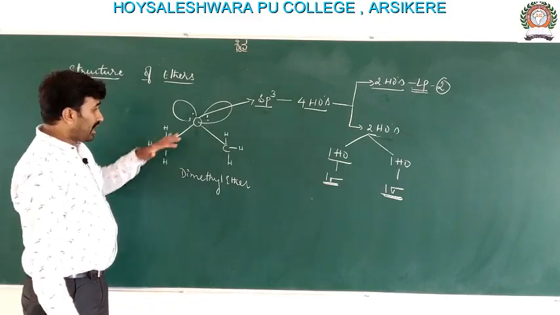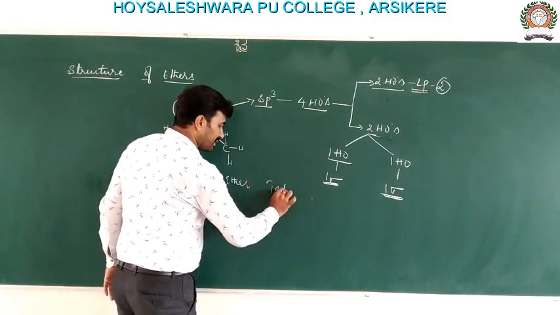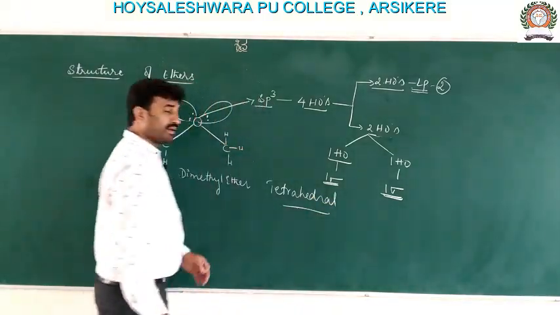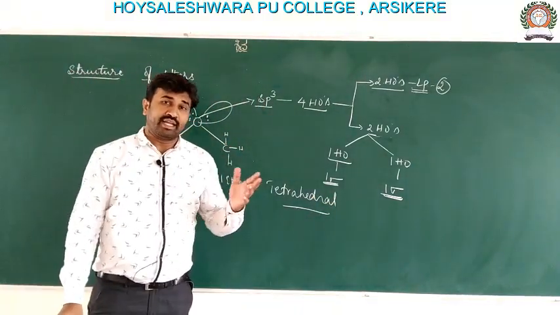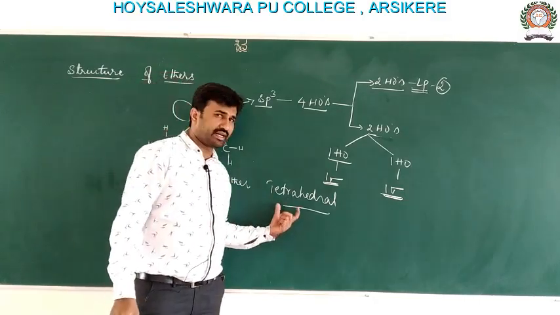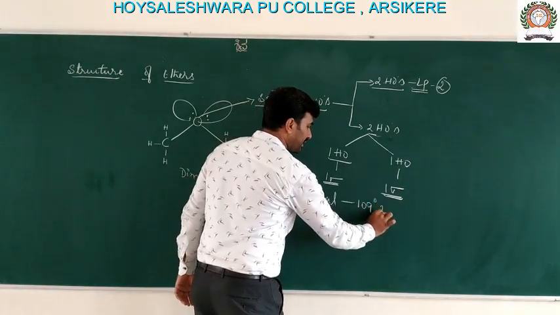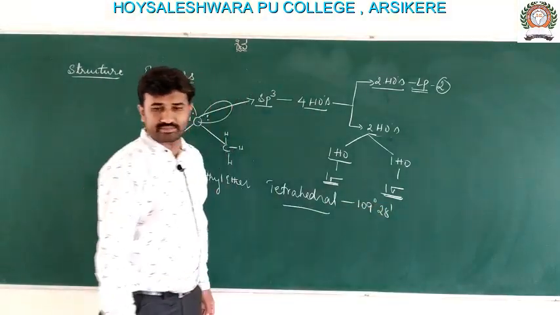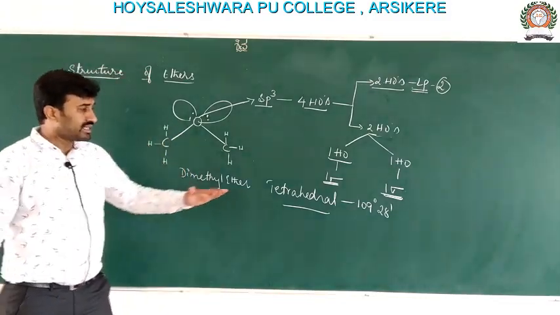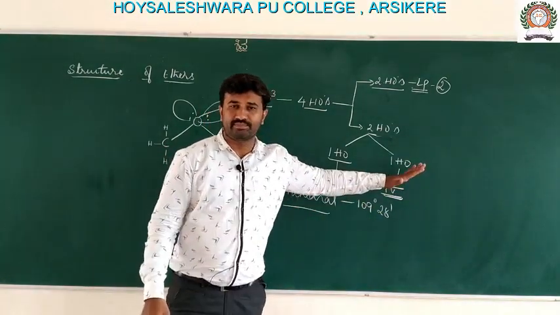The structure is a tetrahedral arrangement. Remember, in case of sp3 hybridization, the structure is tetrahedral, and the usual tetrahedral bond angle is 109 degree 28 minutes. But in case of ethers, that usual 109 degree 28 minutes is not there.